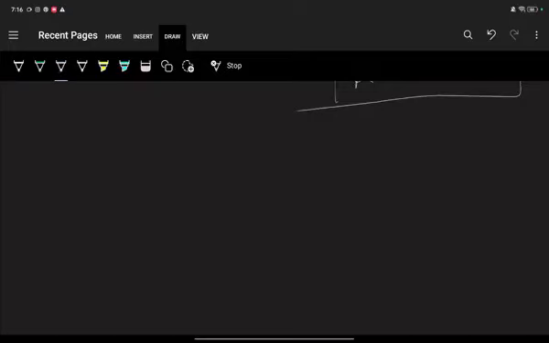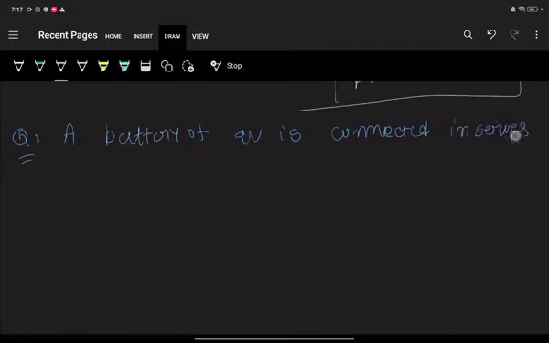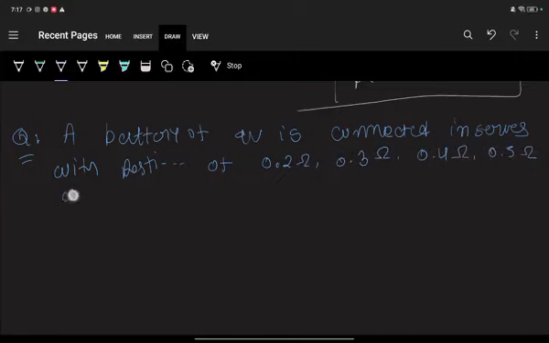Again, question 9. A battery of 9 volt is connected in series with resistors of 0.2 ohm, 0.3 ohm, 0.4, 0.5, and 12 ohm respectively.